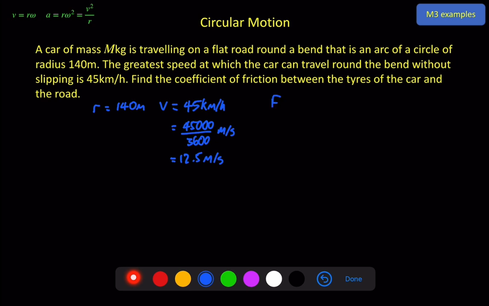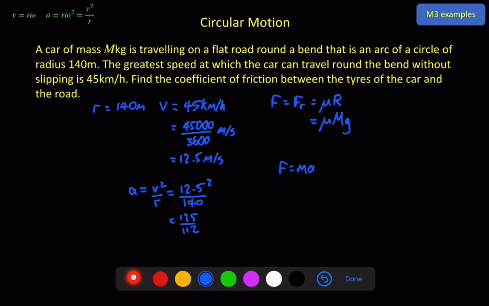So similar to the last one, the force acting here is friction. And we know if it's the maximum speed without slipping, then that is maxed out at mu R. And R we know is mg. Then over here we know that A is equal to v squared over r. 12.5 squared over 140, which is 125 over 112. And using F equals ma, we can put these together.